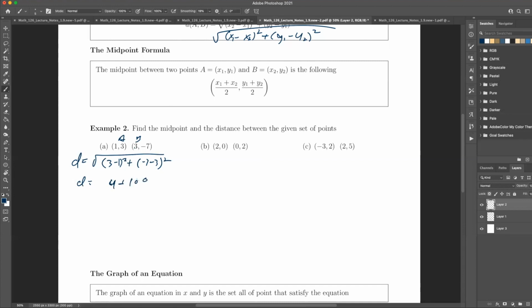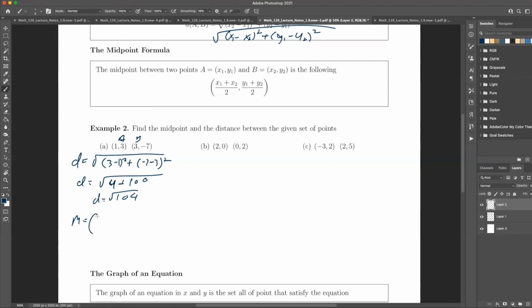This is -10 squared, which would be 100. So here the distance is just the square root of 104. Can I simplify this? Yeah, but go ahead and just leave it as this. That's fine. And I'm pretty sure the online program did that.